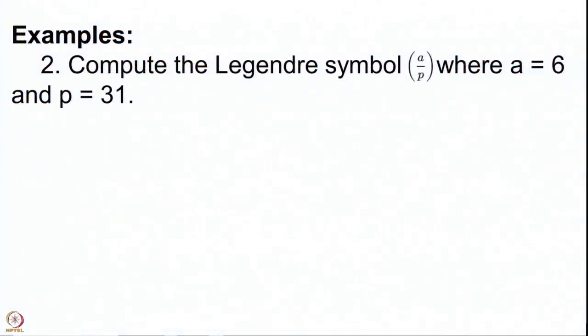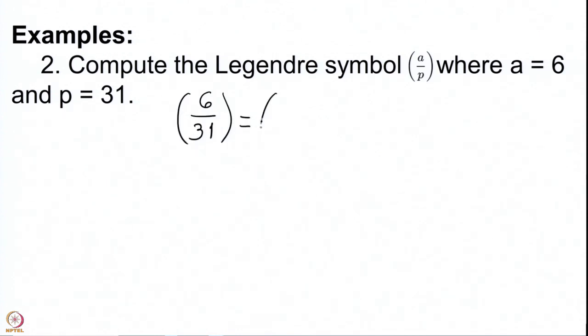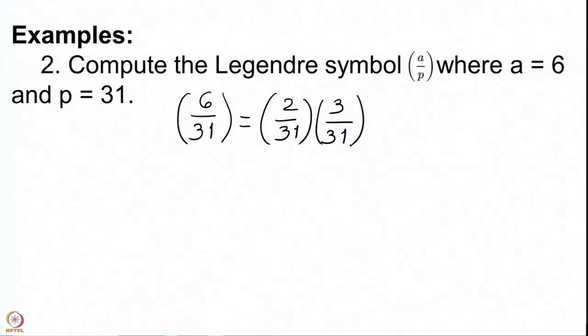Let us do one more computation where A is 6 and P is 31. We are going to use two of the results that we have proved earlier, in the following way. We first observe that the Legendre symbol of 6 with respect to 31 is the product of two Legendre symbols, because we can write 6 as 2 into 3.